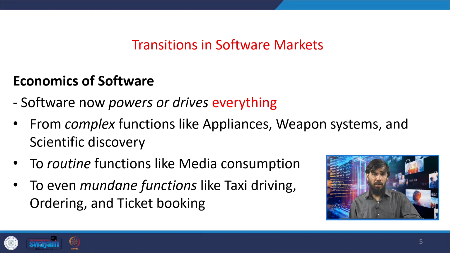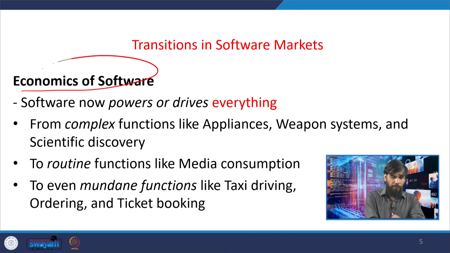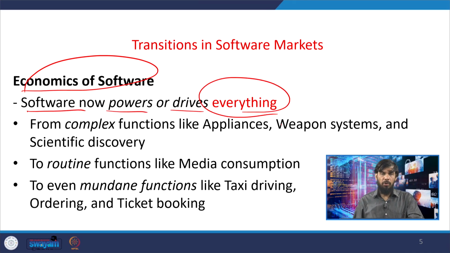One might feel that sometimes you might need a computer and software for certain activities or processes, but now that has also changed, right. If we look at the economics of software, software now powers or drives everything. Almost everything that we see is being driven by software.